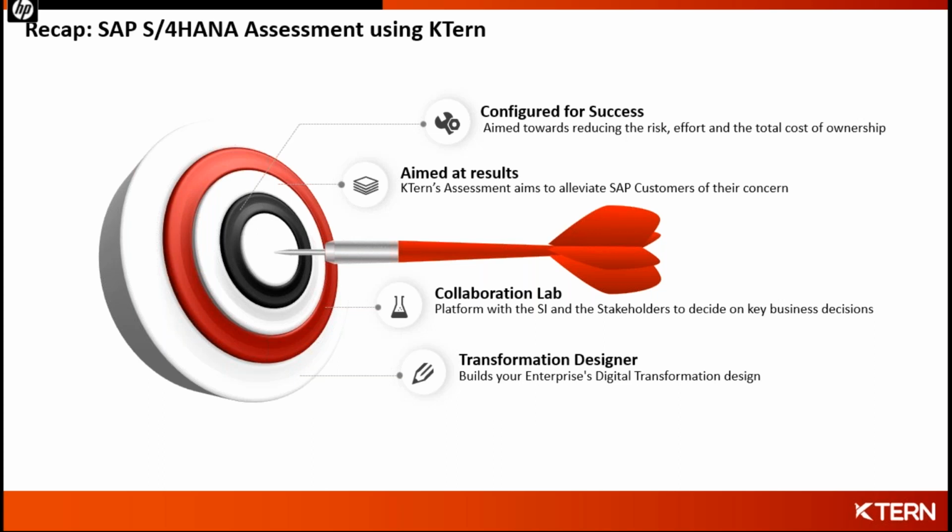So that is about an S4HANA assessment using KTern, where we will be able to connect to your system remotely without any OSS notes or plugins, and KTern will come up with an intelligent, insightful analysis and results which can help you take better decisions on your path to S4HANA. Maybe it could be a greenfield migration or maybe a brownfield as well. So all these kinds of information will be provided to you at the end of an S4HANA assessment using KTern.